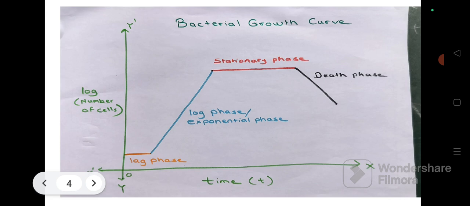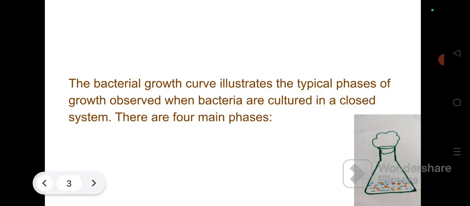A closed system is a system in which you provide a limited number of nutrients to the bacterial cells. As shown in a flask, here the liquid medium is taken and bacterial cells were inoculated. So the nutrients present in the flask are limited.